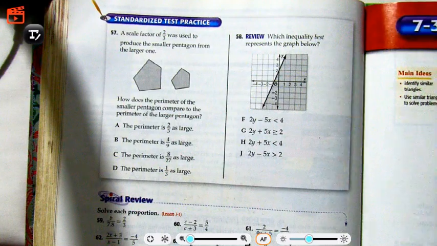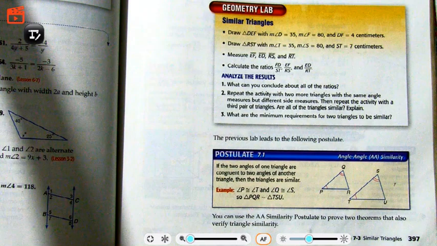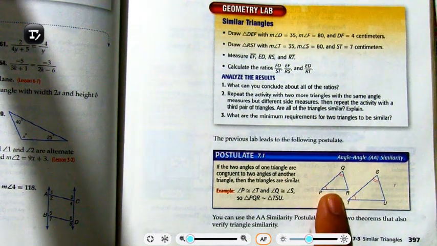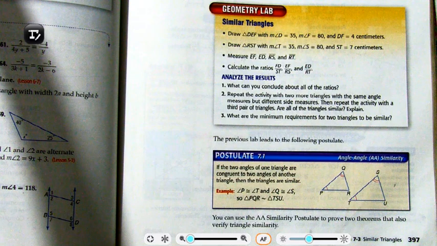So let's start with AA similarity. What does it say? If you see 2 angles on the first triangle and 2 angles on the second that are congruent, then automatically, without knowing the sides, without identifying if sides are proportional, these two triangles are already considered to be similar.